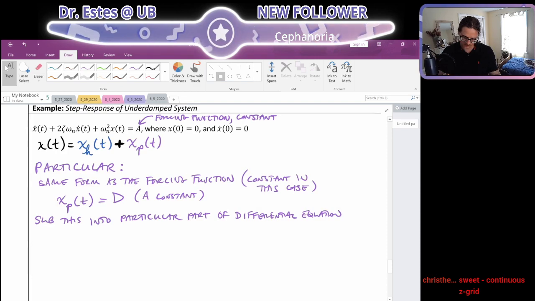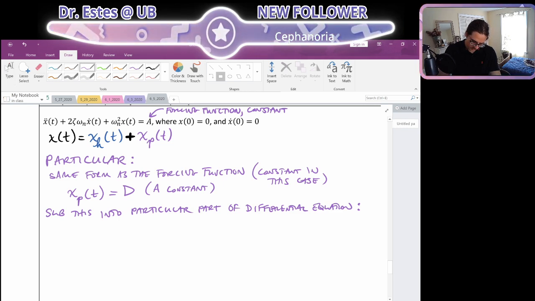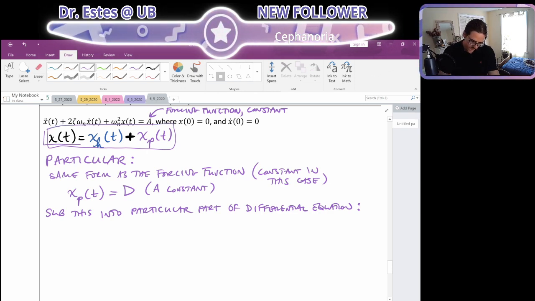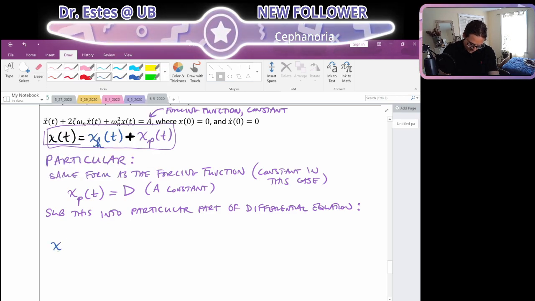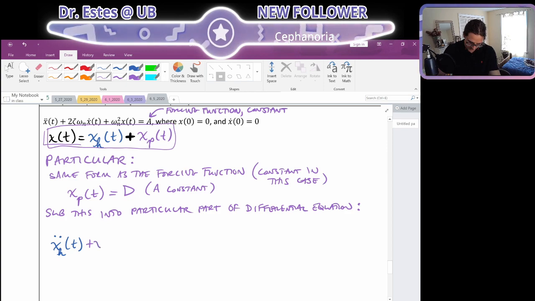I think I've done this before, but it might be worth it to break it down really nice again. If I substitute this whole thing into the differential equation, you're going to have x homogeneous t plus x particular t.